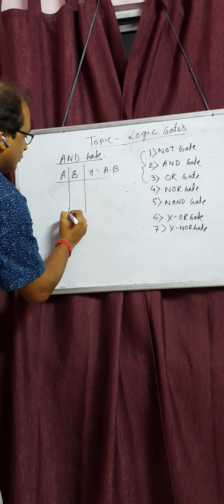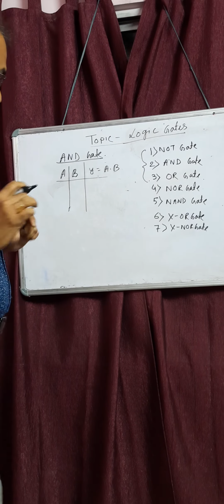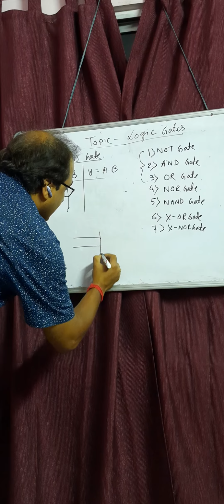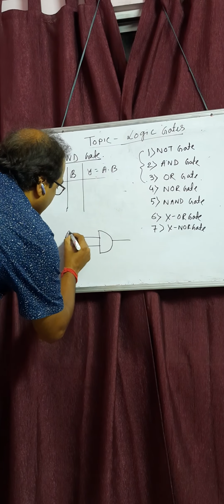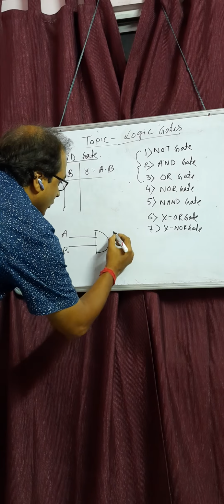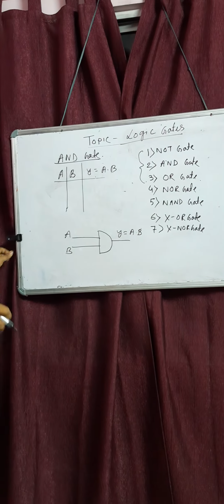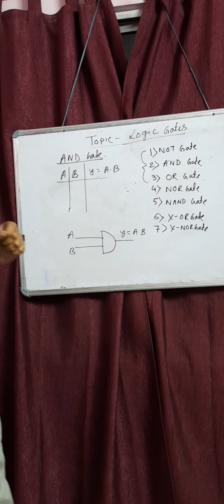Okay. So here two inputs are there. Now first I am showing you the symbol of this AND gate. So this is the symbol of AND gate. If we apply two inputs like A and B, output will be Y equals A dot B. Now here inputs are two.